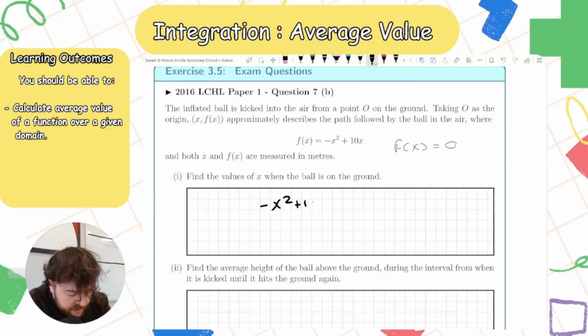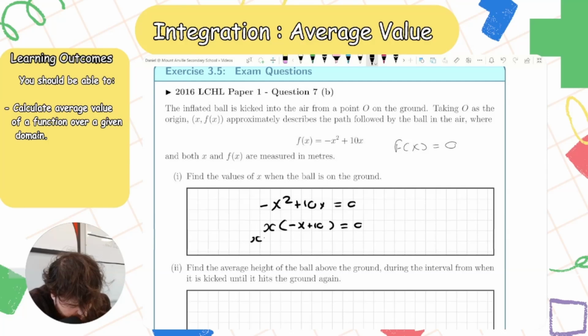Minus x squared plus 10x equals 0. I'm going to take an x out, and then I'm left with minus x plus 10.